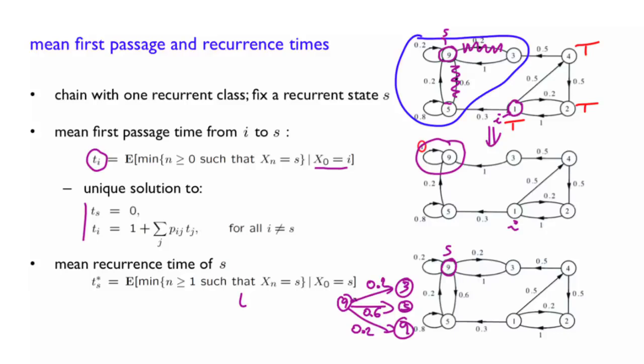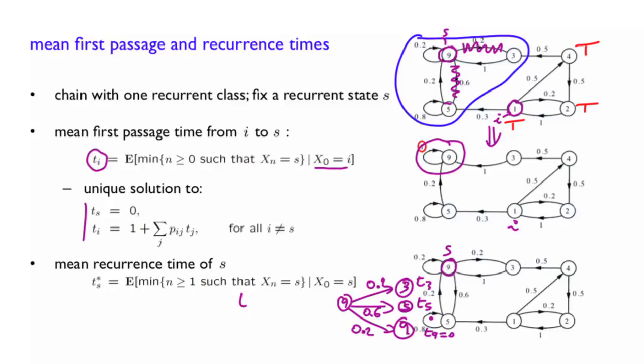And now after you make one transition, say you are in 3 now, what is the time to get to 9? Well, it's exactly T3, where T is the solution of that previous system. What about from 5? T5. And what about from 9? Well, T9, and T9 was 0.